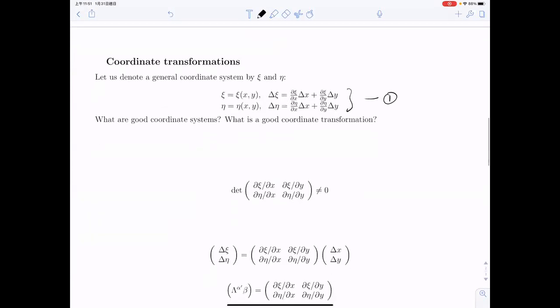Basically, in order for this general coordinate to be a good coordinate transformation, we have to define two distinct points, (x1, y1) and (x2, y2), and they would be assigned or represent different pairs in terms of eta and xi.